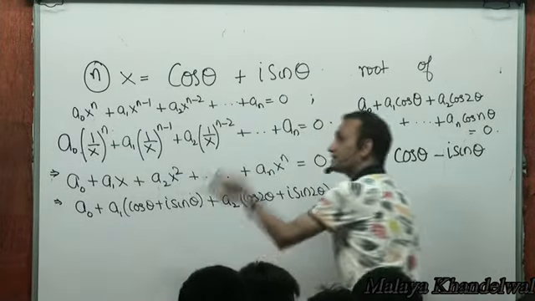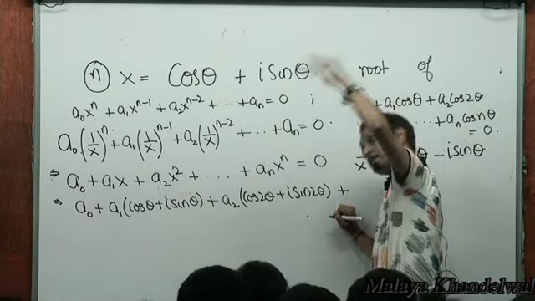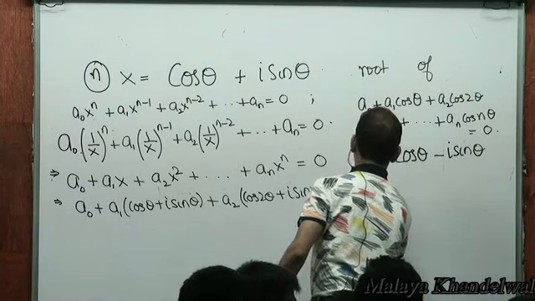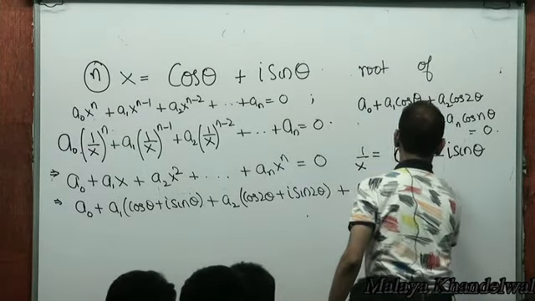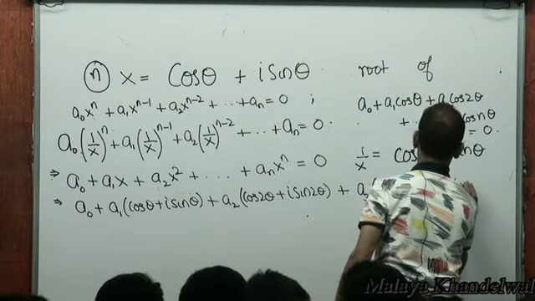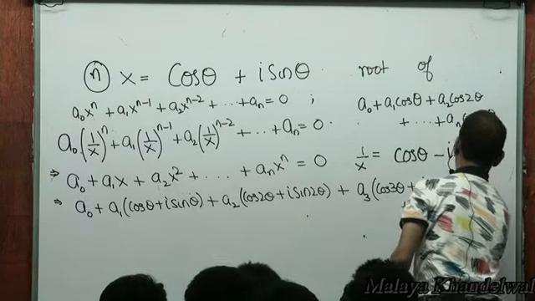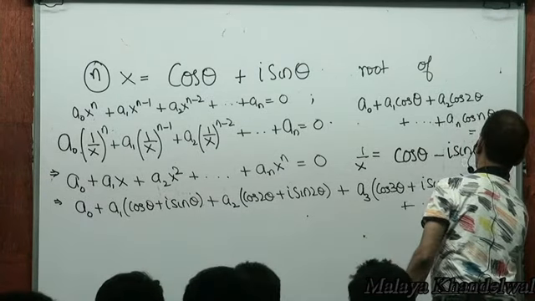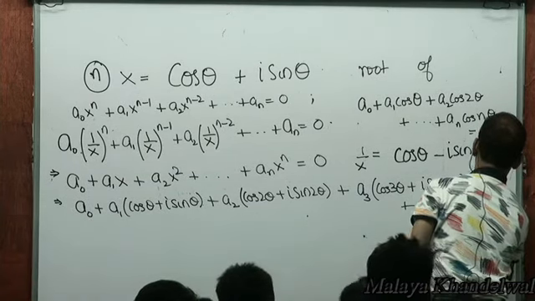Plus a3 x cubed, meaning (cos theta plus i sin theta) whole cube, which is cos 3 theta plus i sin 3 theta. Going this way, plus an (cos n theta plus i sin n theta) must be 0.